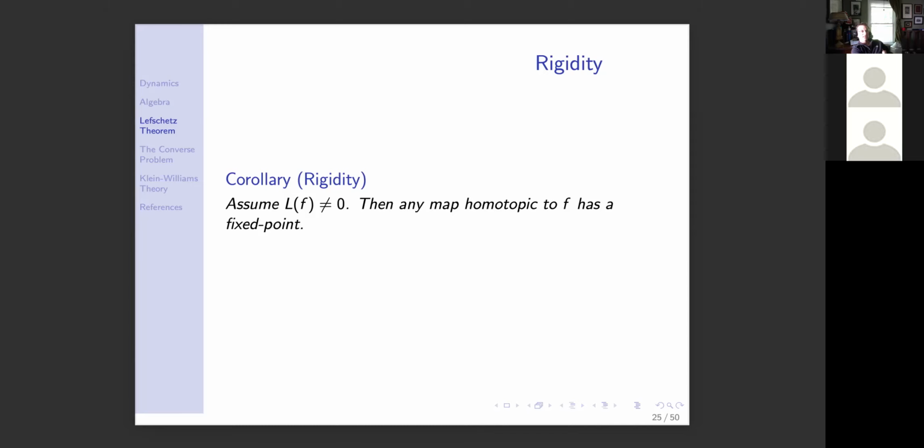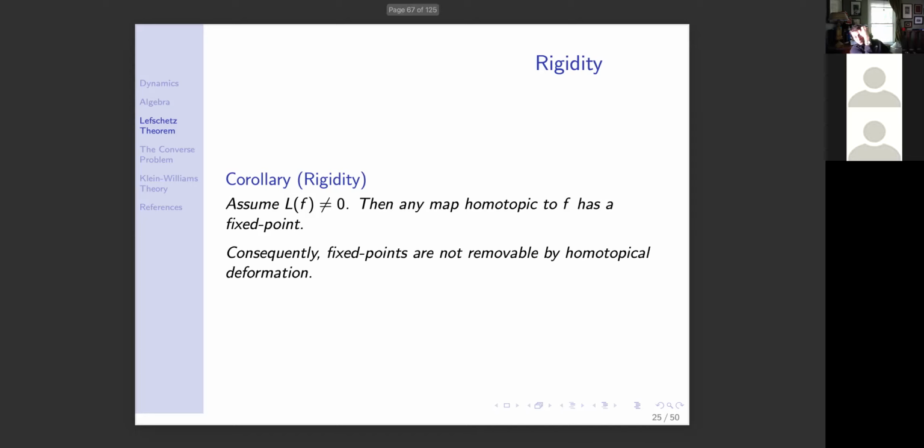So that's a rigidity statement. Therefore, the fixed points are not removable by homotopical deformation. That's what the corollary is saying. You can't remove fixed points. They're there. Any questions? Okay.